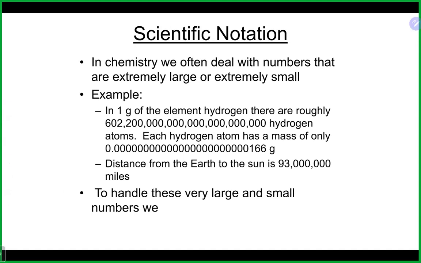I won't count them. There's probably like 20 of them. And also the mass of a hydrogen atom is 0.00, a whole bunch of zeros there, and 166 at the end.